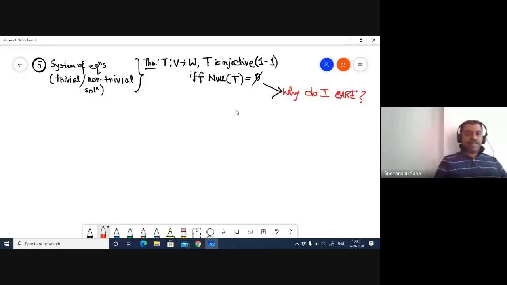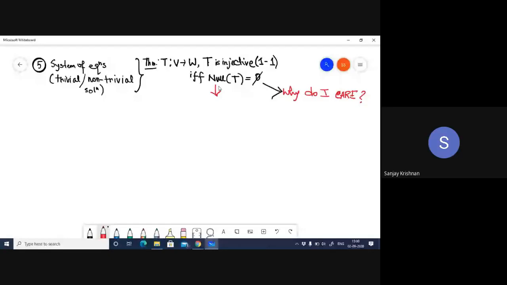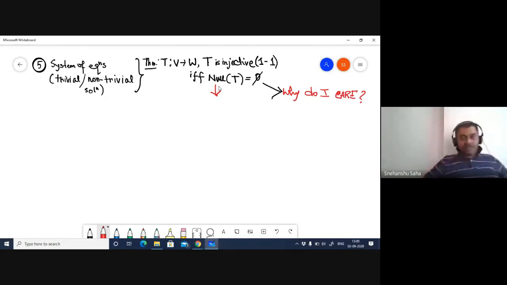Guys, any idea? Can anybody throw some light on this? I'm not proving this first, I'm just talking about this. Sir, if it were injective, then you could make a statement about the dimensionality of V to W. I'm assuming these are finite dimensional.